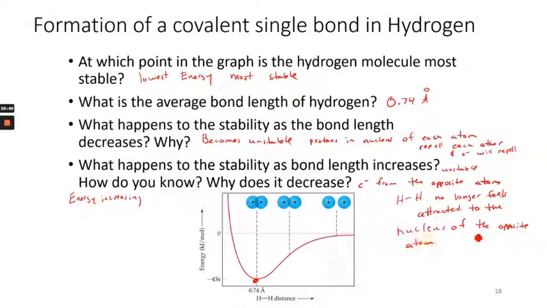Remember, your force of attraction is related to the distance. You're just too far away. You're so far apart that the electron that's sitting here and the electron that's sitting here that used to be attracted to this nucleus and this nucleus, they're just so far apart they're not really feeling the attraction anymore. Okay, and that is the end of part 1.